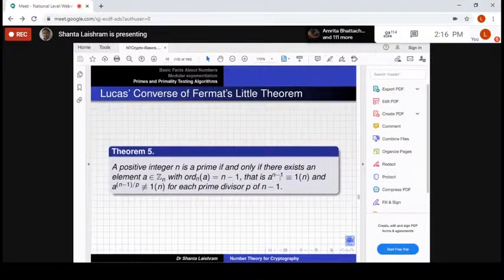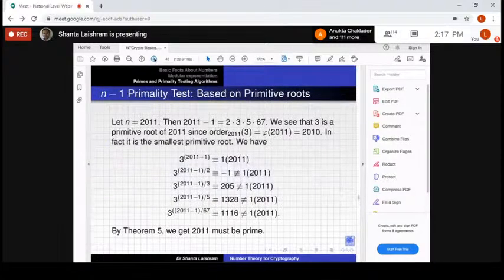That is, A power n minus 1 is congruent to 1 mod n, and A power (n minus 1) by p is not congruent to 1 mod n for every prime divisor p of n minus 1. So Fermat's little theorem tells you that A power n minus 1 has to be congruent to 1 mod n. But Lucas's theorem tells you that n is a prime if not only this happens, but for every prime divisor p of n minus 1, A power (n minus 1) by p is not 1 mod n. This is the Lucas primality testing algorithm.